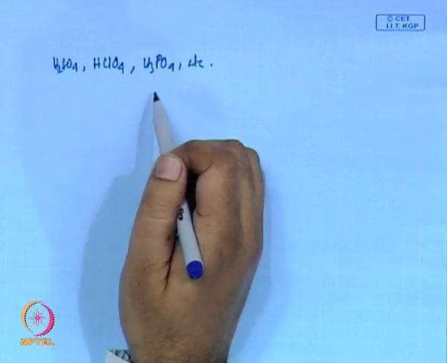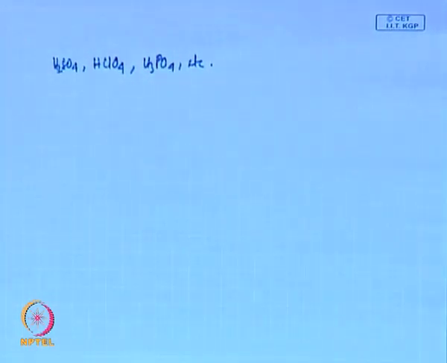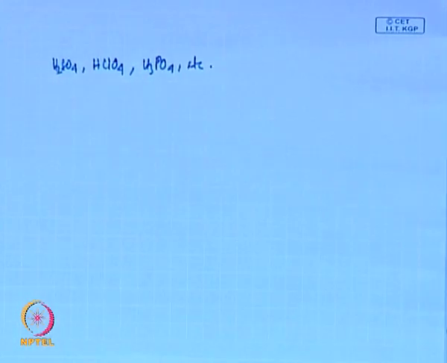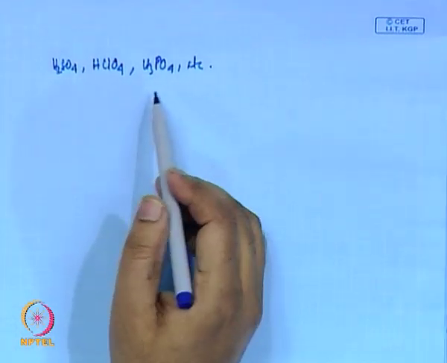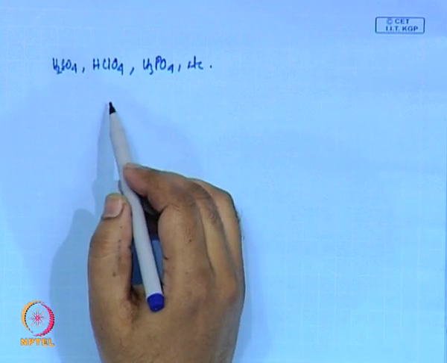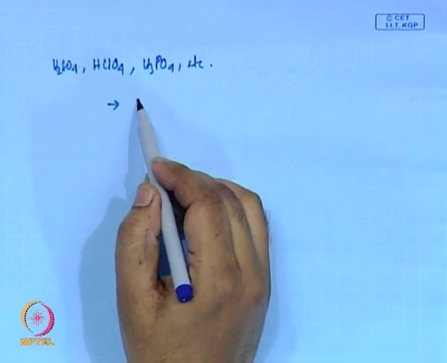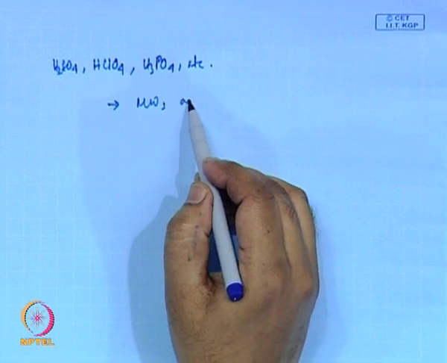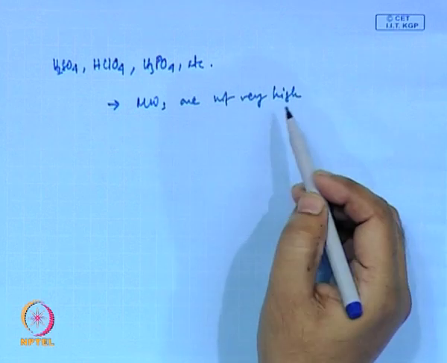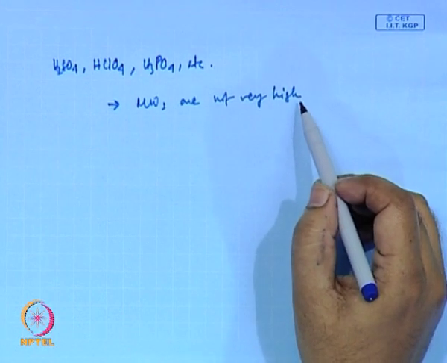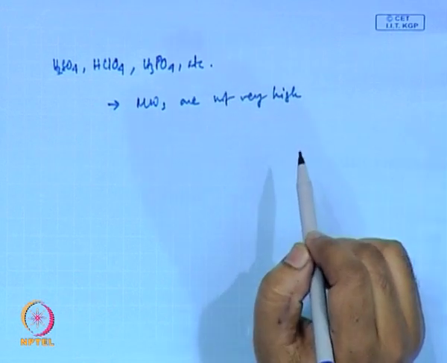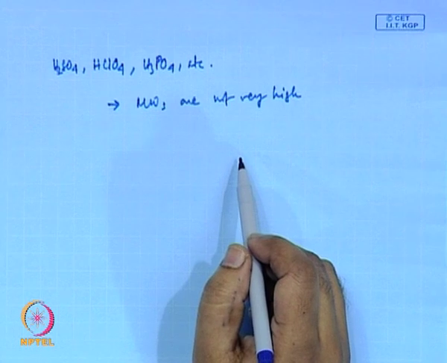But because they are still significantly nucleophilic, they cannot build very high molecular weight polymers by cationic chain polymerization. So these are limited, and the molecular weights are not very high for this cationic reaction by protonation.